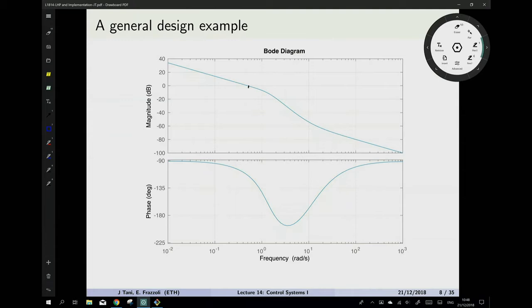So the order of an input is defined as, say you have an input, the command in this case, a reference of the kind t to the power of the order over the order factorial. Just think about the order as the power of the t, okay? So a constant is order 0, yes.